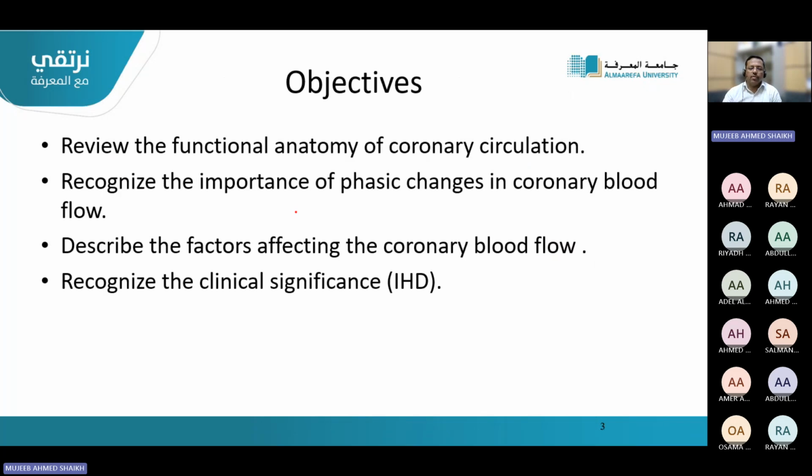In this lecture, we will see a very brief anatomy of the coronary circulation. Brief, not in detail, because it is anatomy. We would like to spend more time on physiology of coronary circulation. One more important thing is that the circulation is not regular.